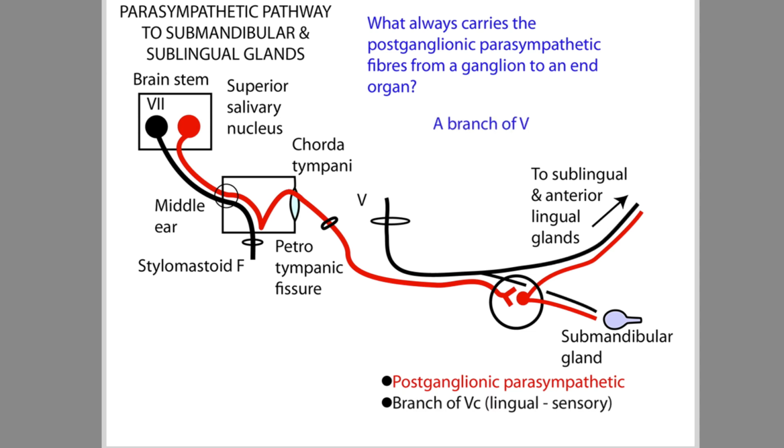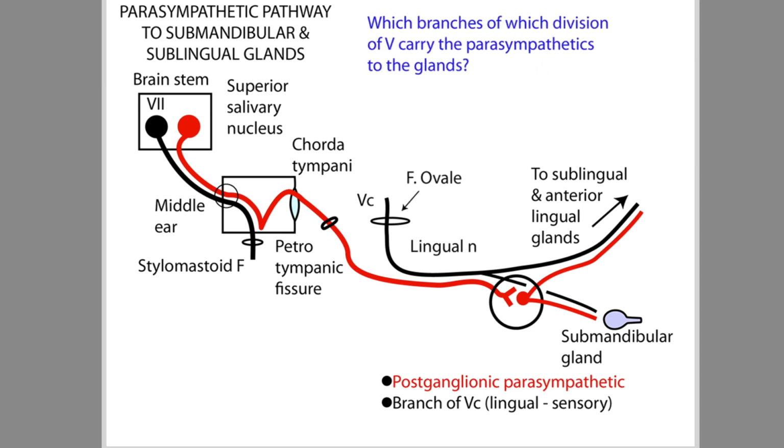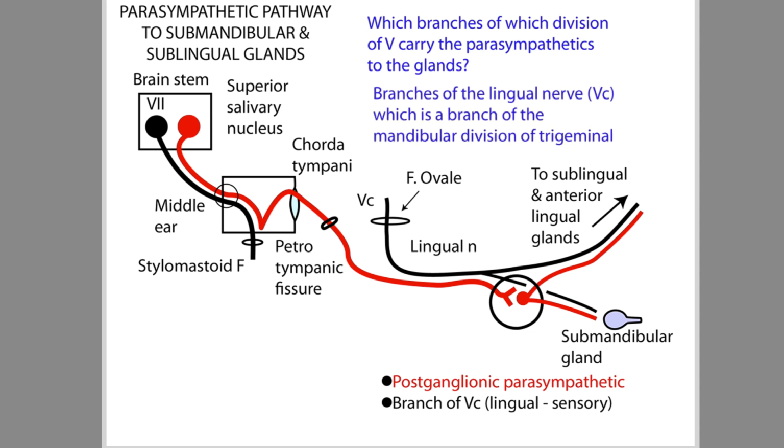These fibres are always a branch of the trigeminal nerve. Which branches of the trigeminal nerve are they on this occasion? And we see that we have the lingual nerve already alongside, and it's easy for these branches of the lingual nerve to carry these parasympathetic fibres to their end organ.